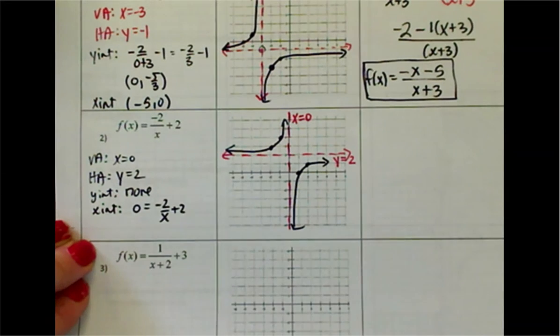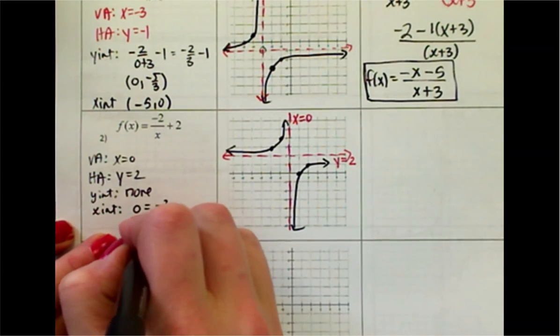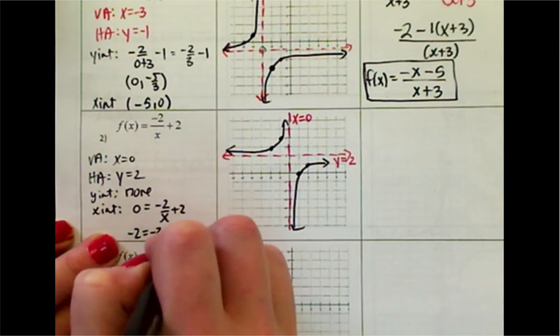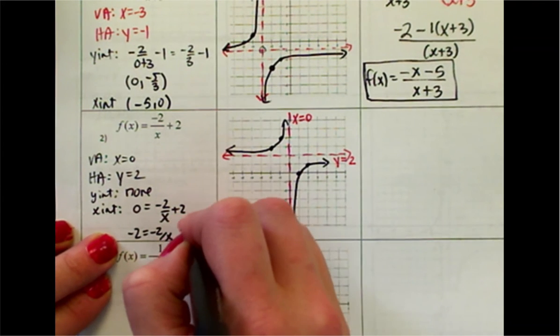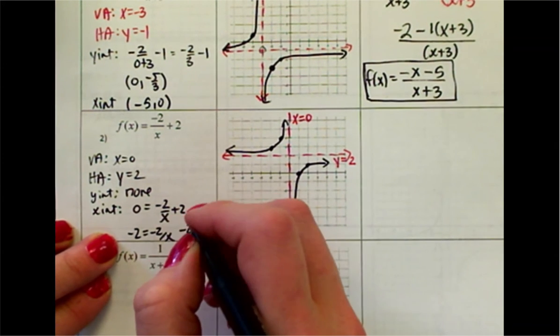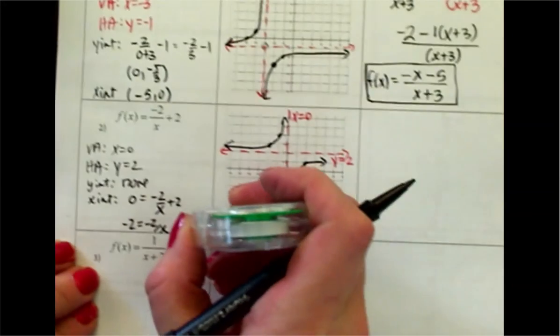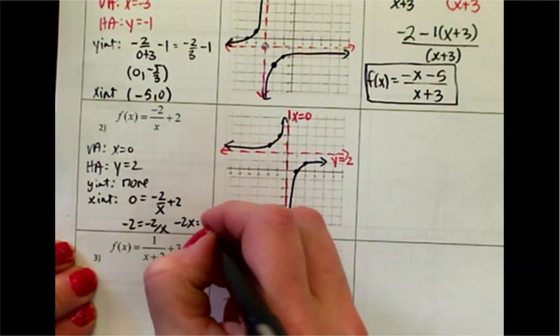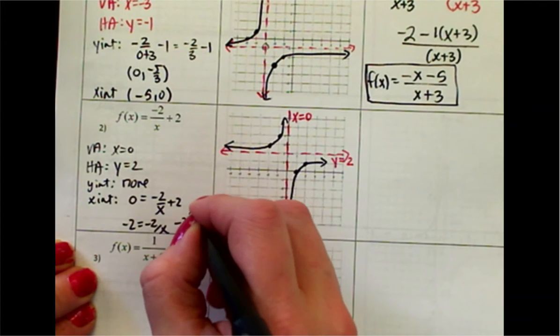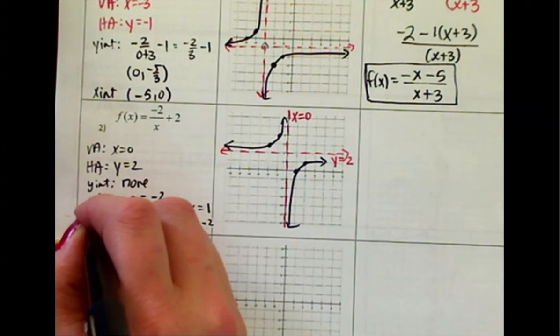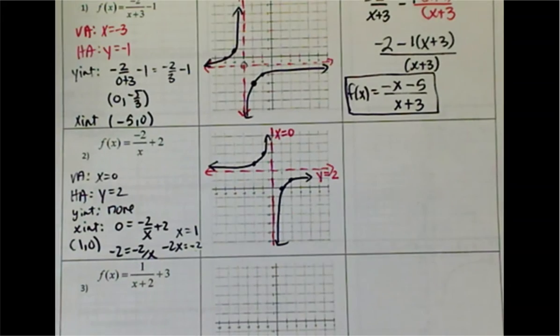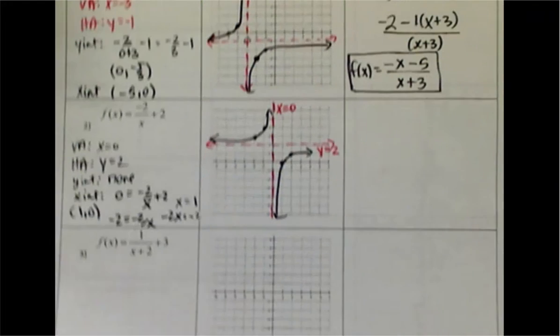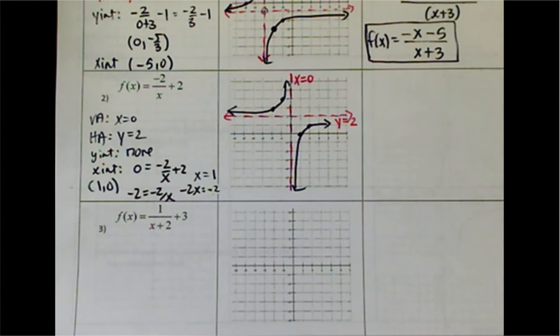So I would subtract the 2, cross multiply correctly, and divide. I get x equals 1, which I actually already had plotted on the graph, but that way you can see what the algebra looks like.